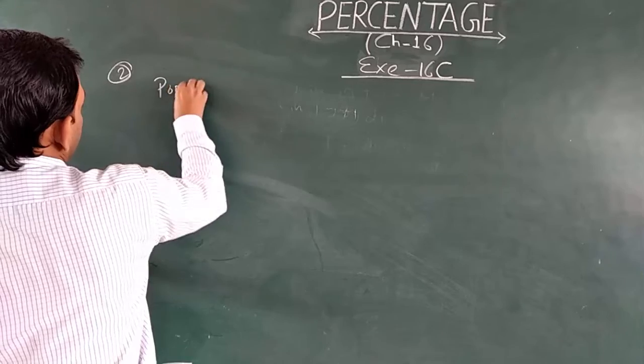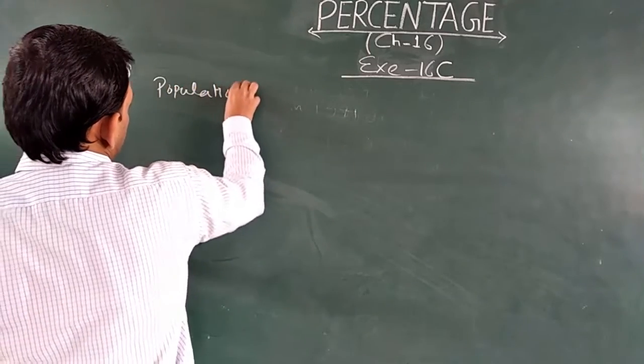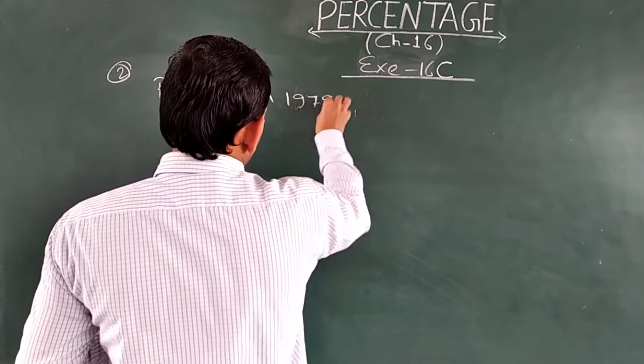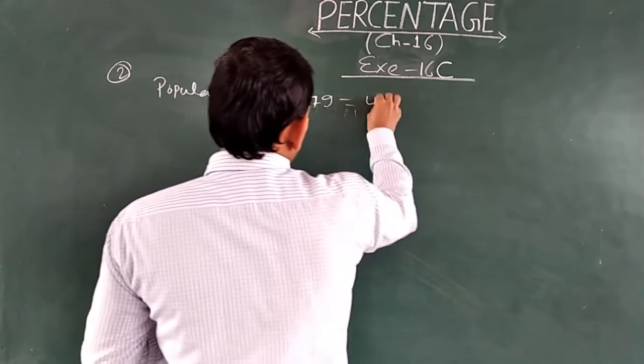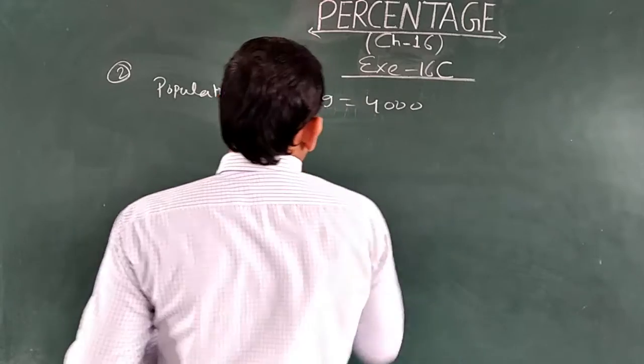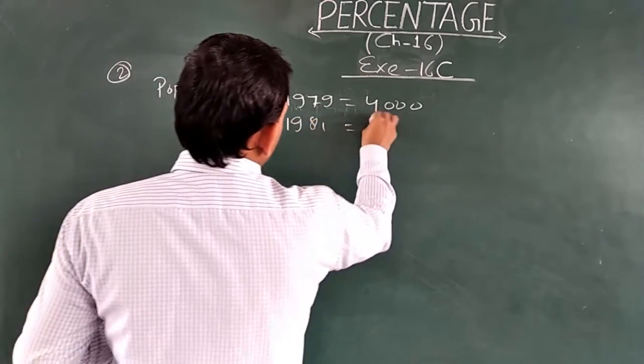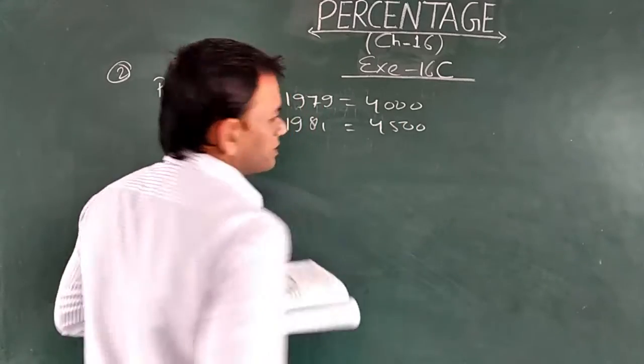So population in 1979, it was 4,000. Okay, and population in 1981, 4,500.